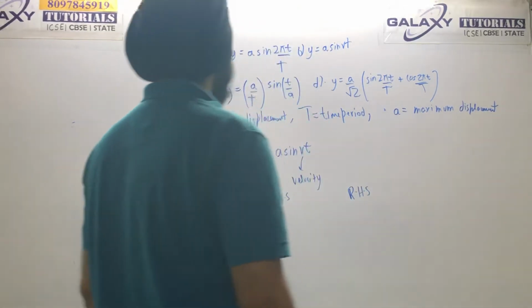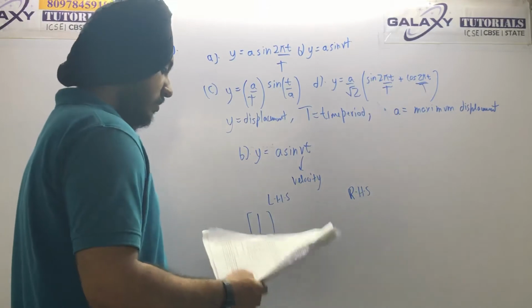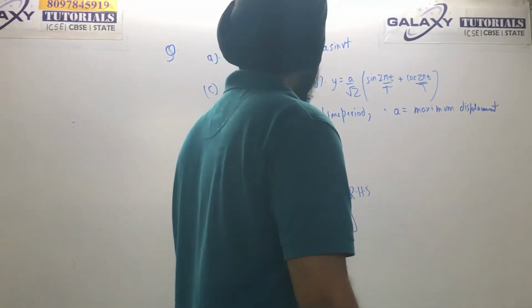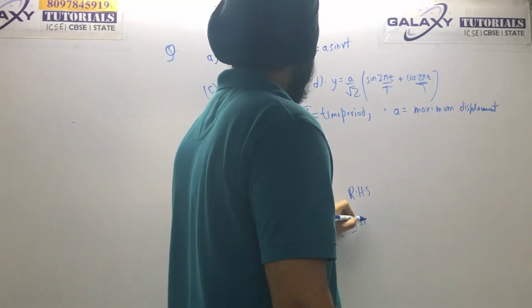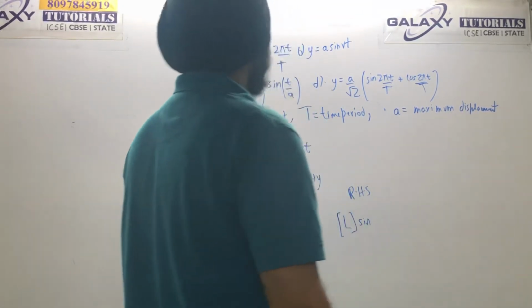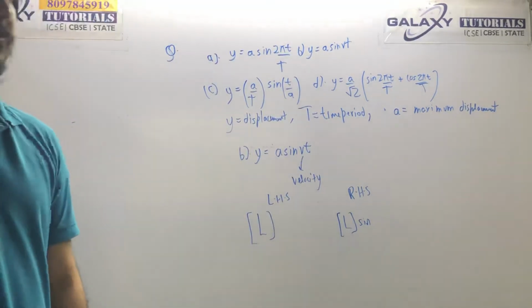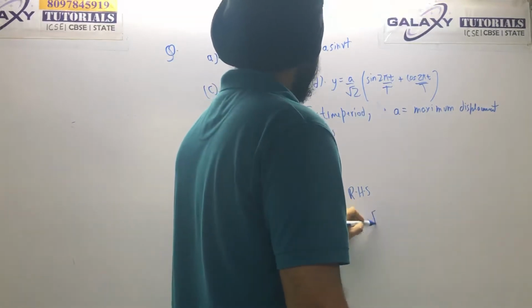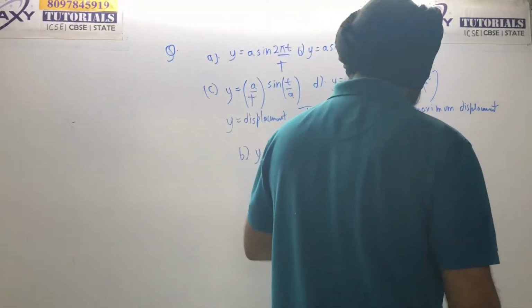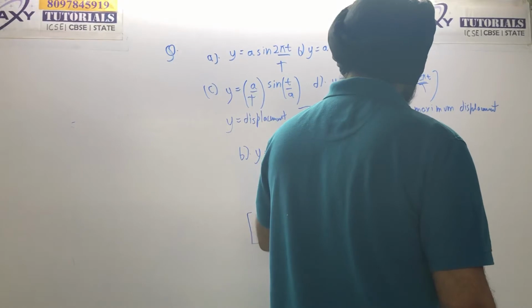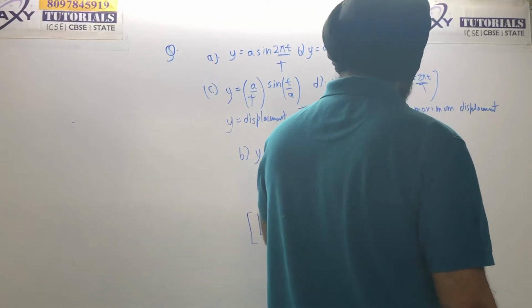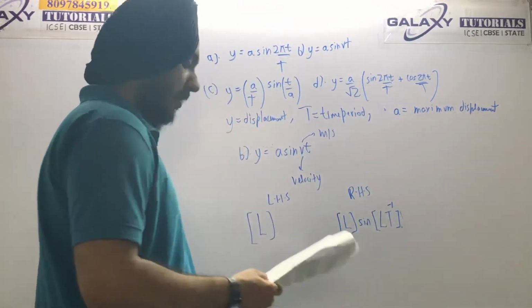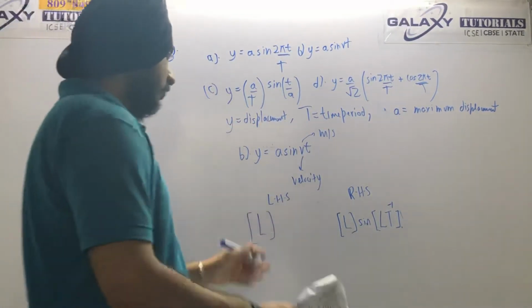RHS will be A, and A is L. Then sin vt, where v is velocity. Velocity is meter per second, which is LT to the power minus 1, and T is time.